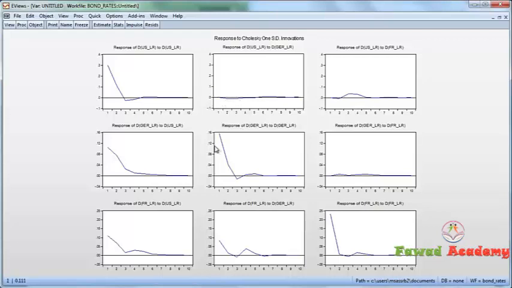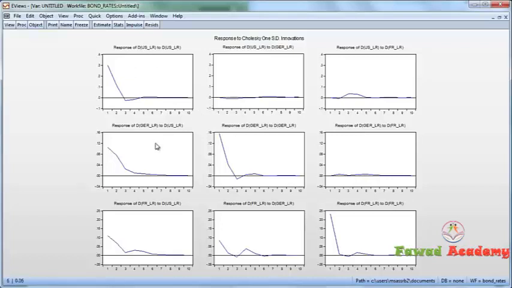Then the second country was Germany. That meant that we ruled out that changes in the German rate would instantaneously or contemporaneously be affected by shocks to changes in the French rate. And this is why this graph starts at 0. Okay, so this is what the Cholesky decomposition imposed, that we start at 0. Afterwards, the impulses can become non-zero.